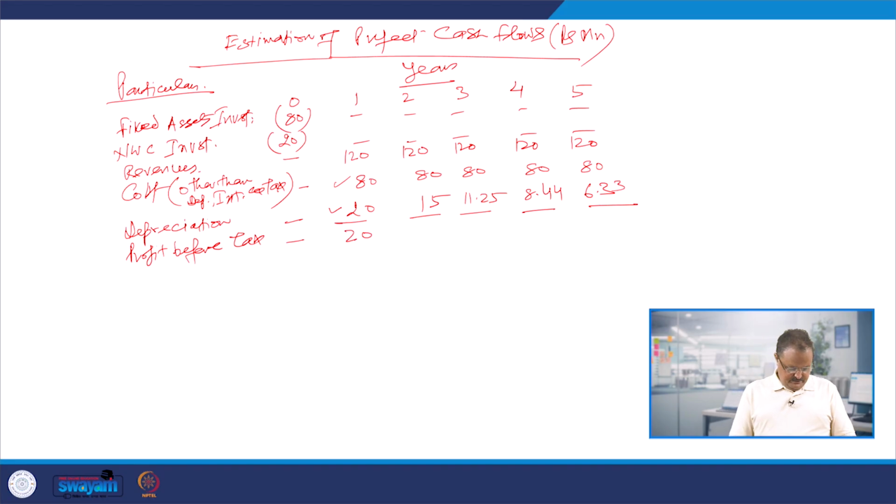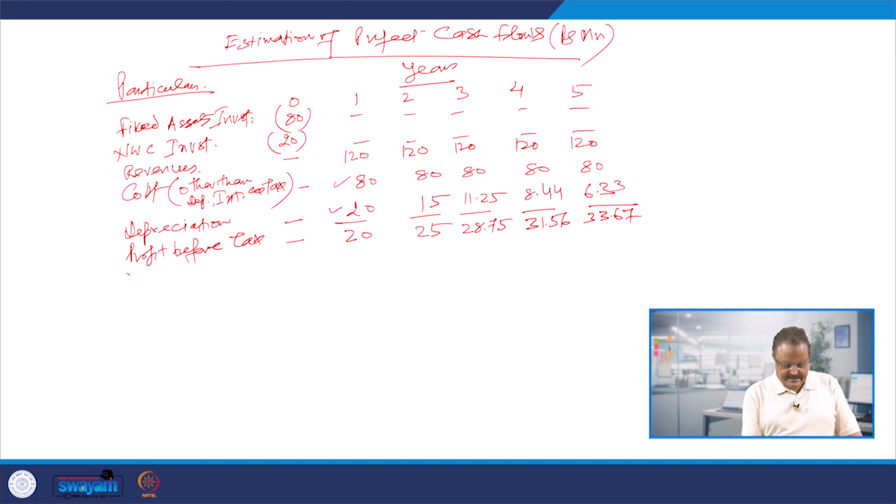Then the profit before tax is going to be 25, then 28.75, then 31.56, and then 33.67. So first year profit before tax is 20, then 25, 28.75, 31.56 and 33.67, right?